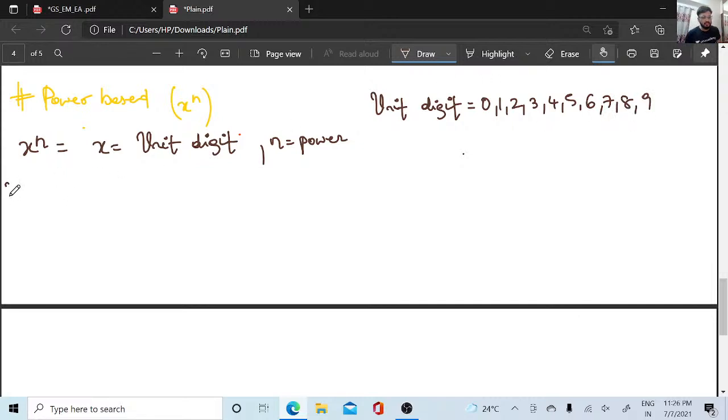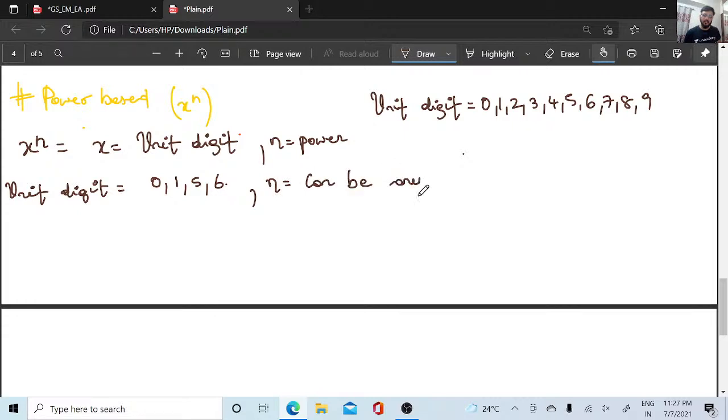So the first case: when my unit digit is 0, 1, 5 or 6, my n can be any number.